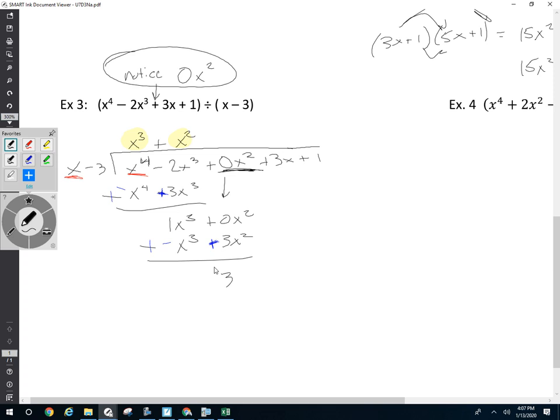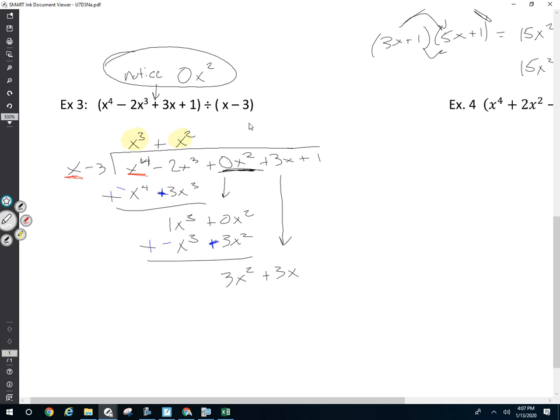This turns into positive 3x squared. Bring the next term down. What do we think goes here? X is not correct. Three x is correct because 3x times x will give us 3x squared.